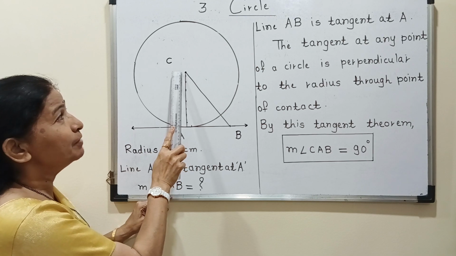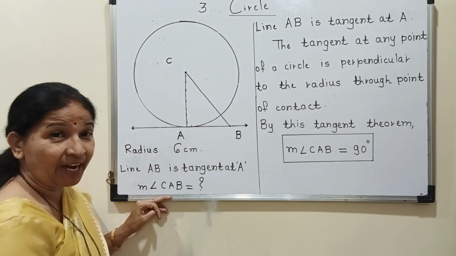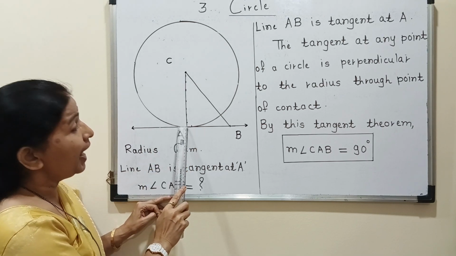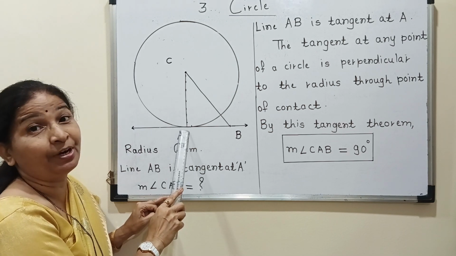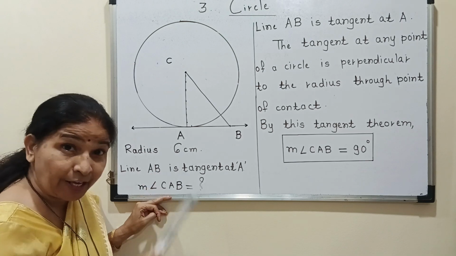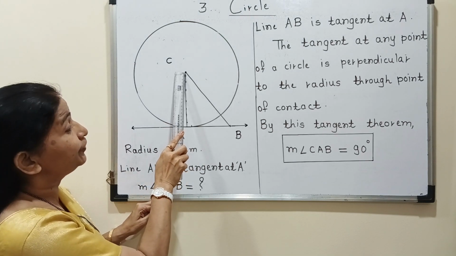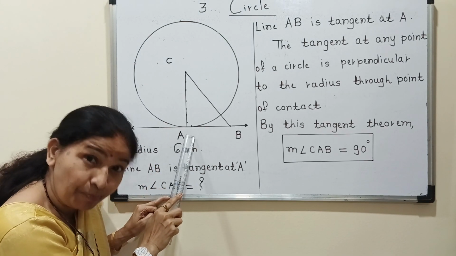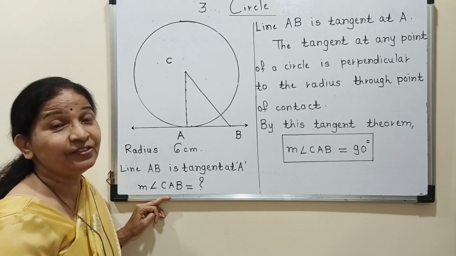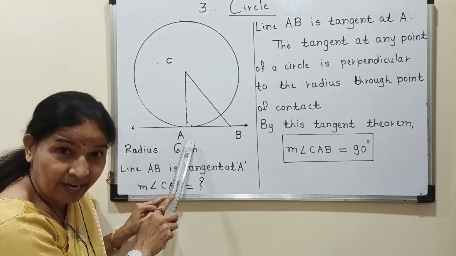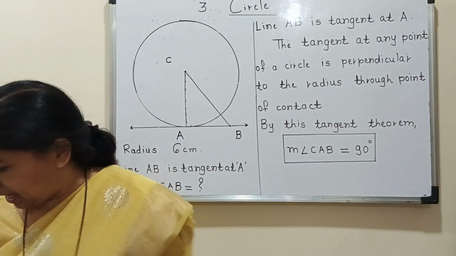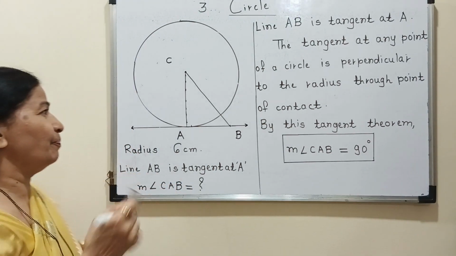Yes, by all means, C is the center and A is a point on this circumference. So, a segment joining the center and any point on the circle is a radius. So, radius CA is 6 cm.